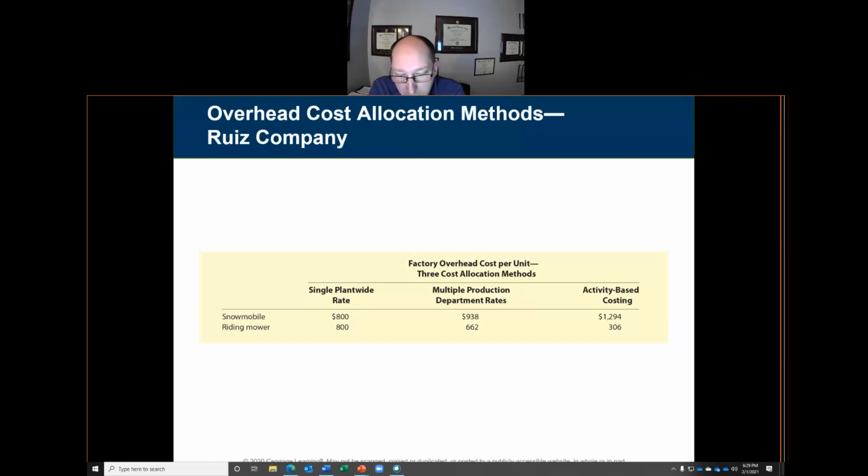Now, the question I pose to you is, if your company makes more than one product that are significantly different, like snowmobiles and riding lawnmowers, which of these three methods is probably going to be the most accurate? The short answer is activity-based costing, because it's very specific to each activity.